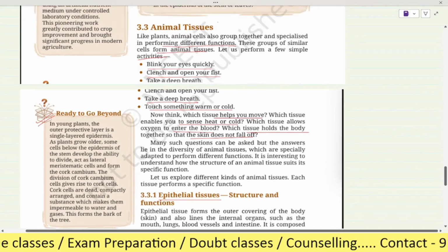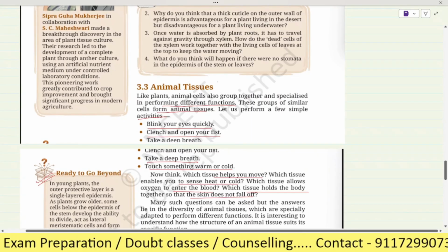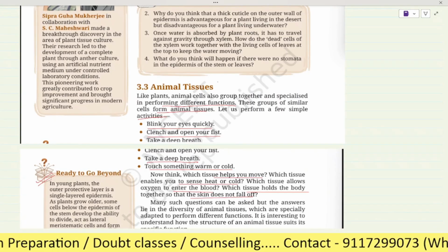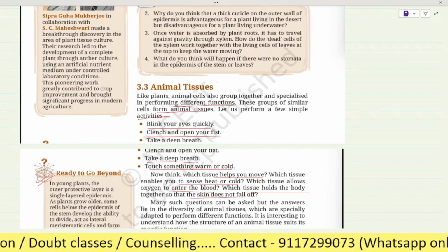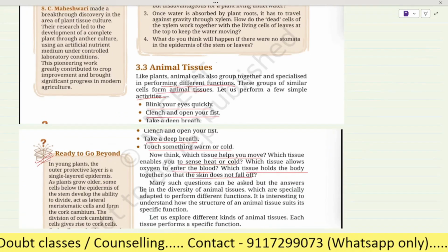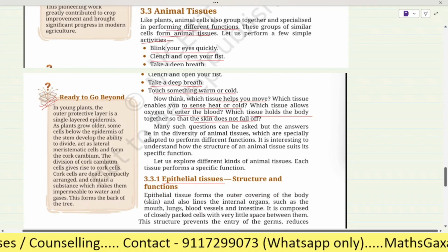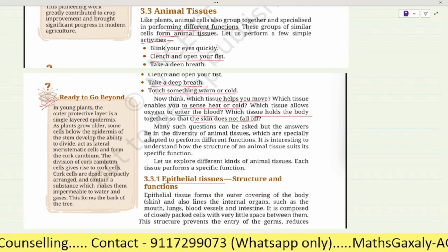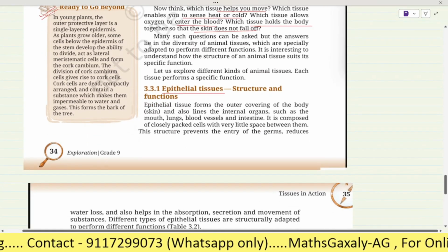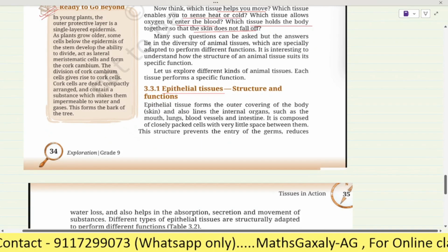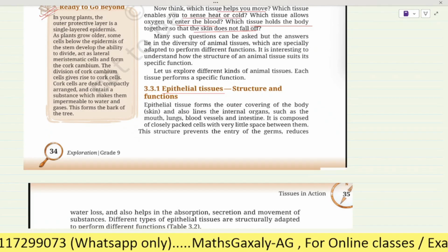Give the heading. First of all, animal tissues. With the star mark, write animal tissues. Below that, write different kinds of animal tissues, and give the first number: epithelial tissues.